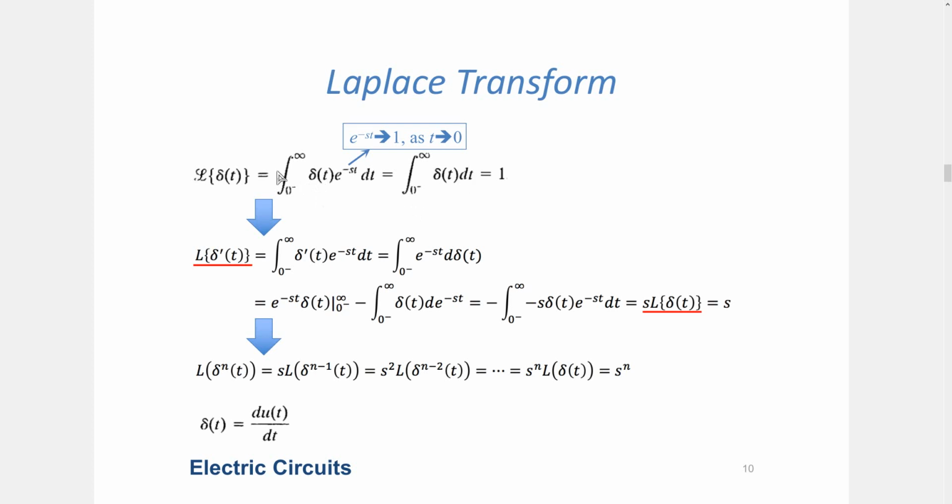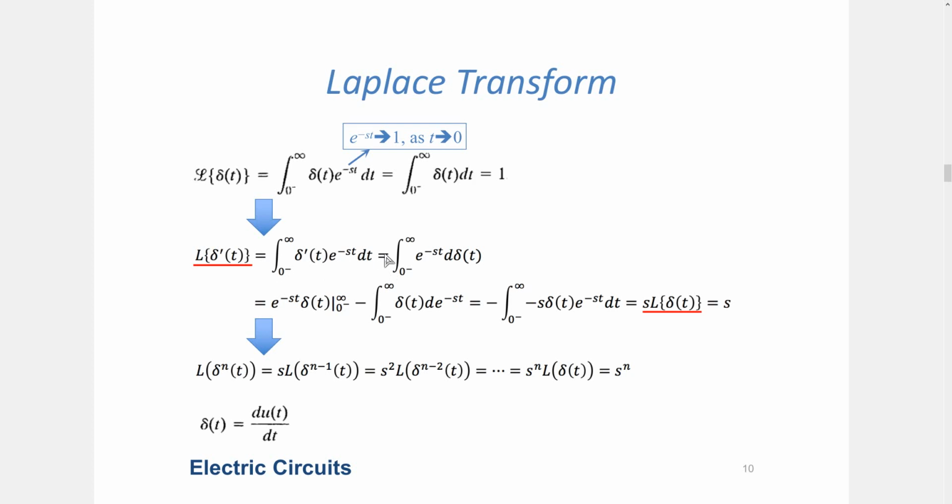Then if I take the derivative of the delta function, because I can, as it's differentiable by definition, all the effort is done to make some discontinuity differentiable and define the derivative at that point. So for its derivative, I can write from 0 minus to infinity the derivative of the delta function times e to the minus st dt.